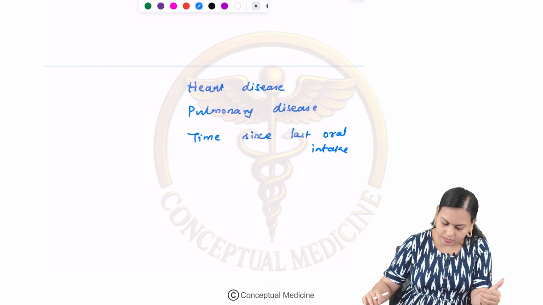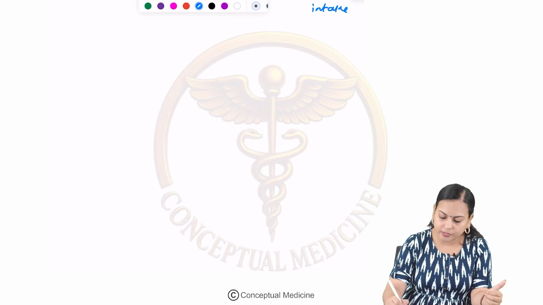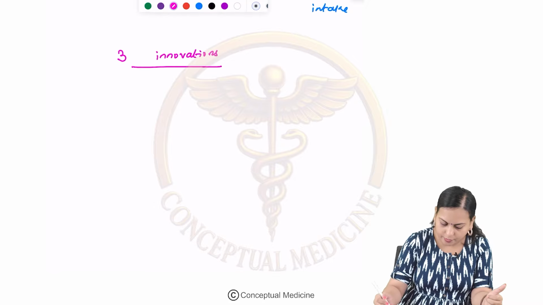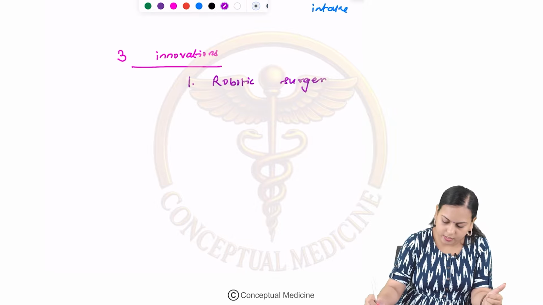Okay, now we have some recent advances in laparoscopy as well. 3 innovations have been introduced in laparoscopy. One is the famous robotic surgery, we all know about this, right? Yes.